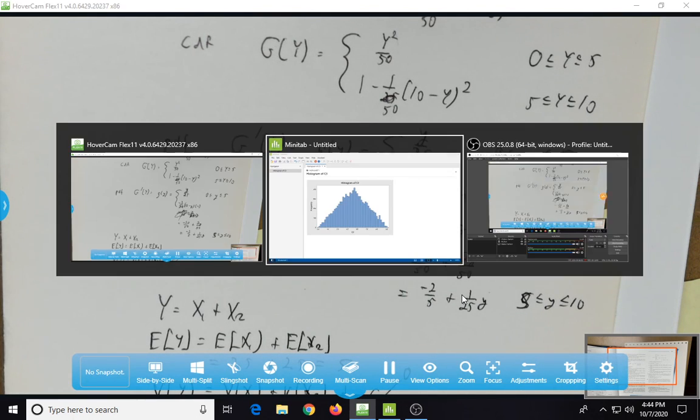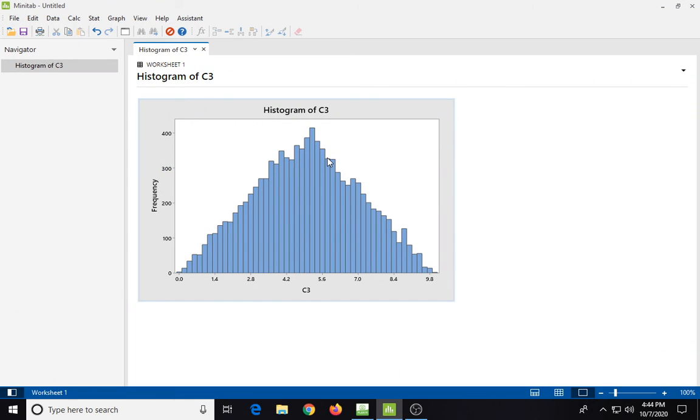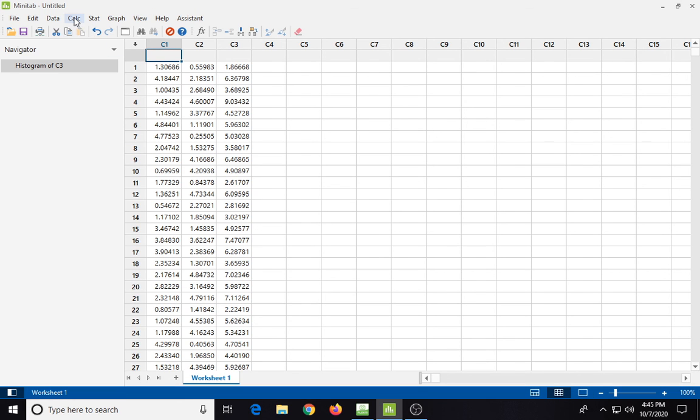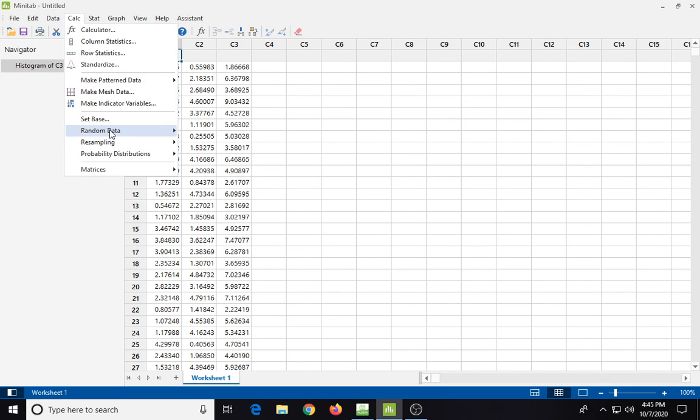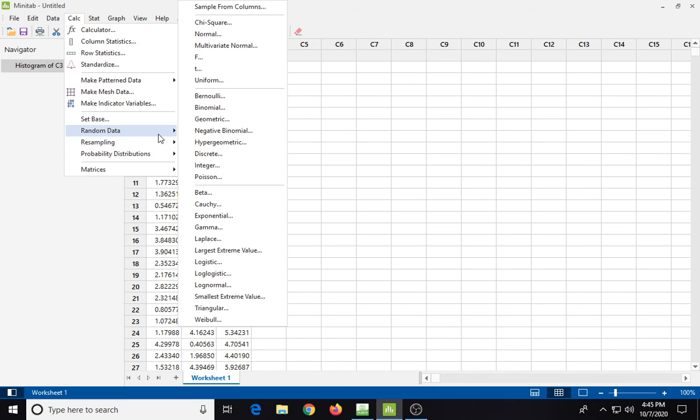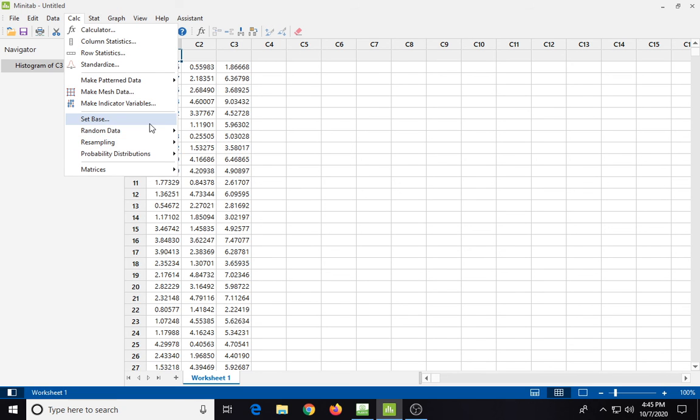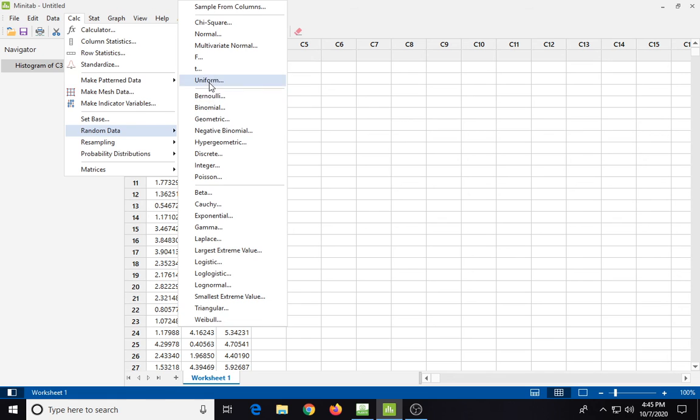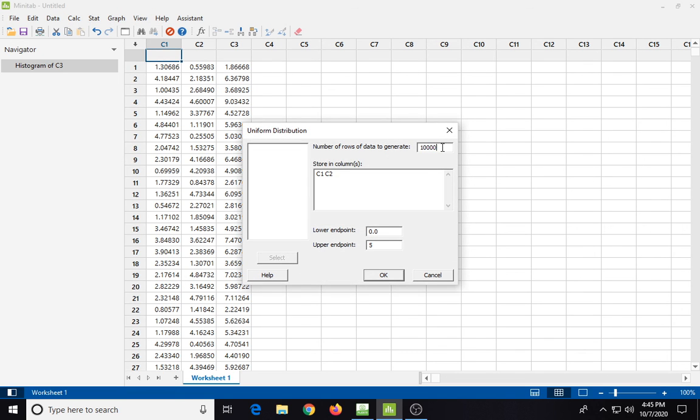So this is the idea that we could do this for more data. Let's go back to calculating this part and make some random data from the uniform distribution. Let's suppose we make 10,000.